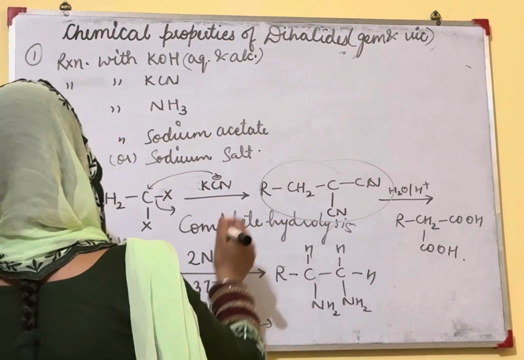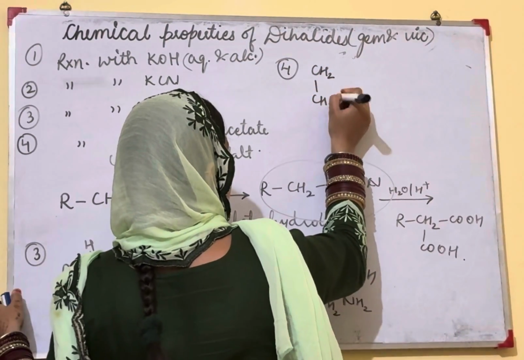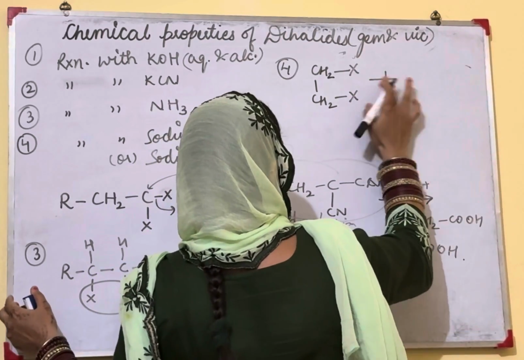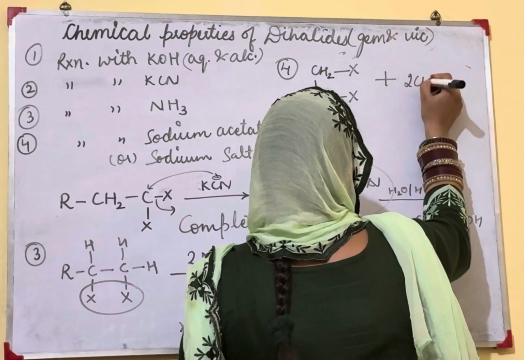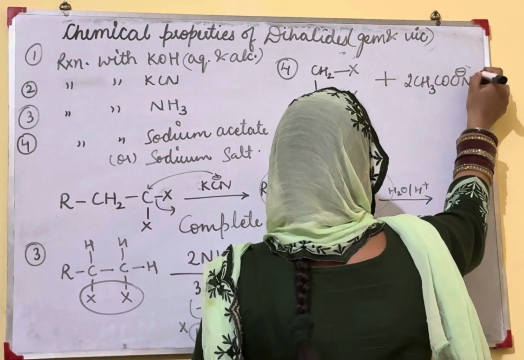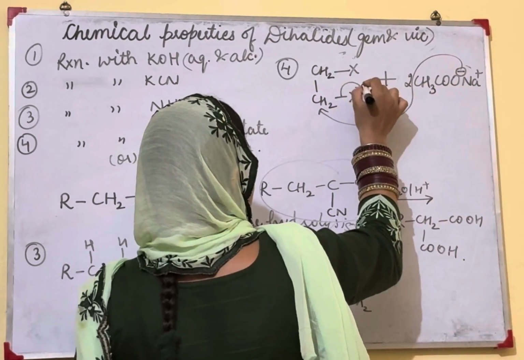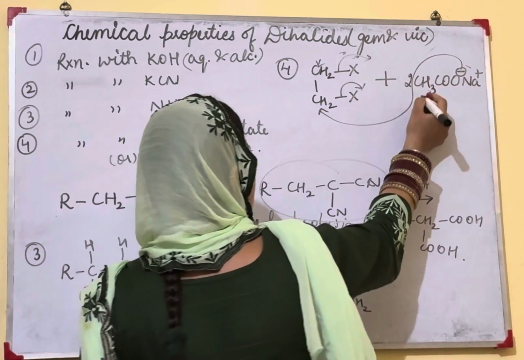Now we will discuss the last reaction. CH2X CH2X. This is the vicinal dihalide. When it reacts with sodium salt, what will happen? This negative will attack here and the halogen will move outside. Similarly it attacks here and the halogen moves outside.